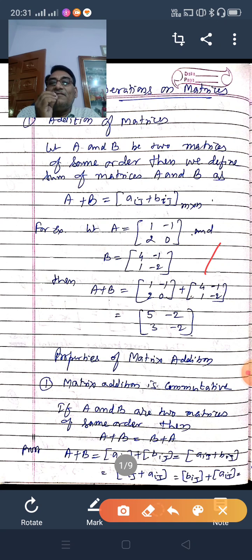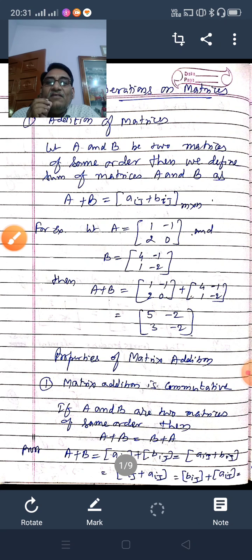Properties of matrix addition. Number one, matrix addition is commutative. If A and B are two matrices of the same order, then A plus B is equal to B plus A. This is the commutative law. Its proof: A plus B is equal to Aij plus Bij.